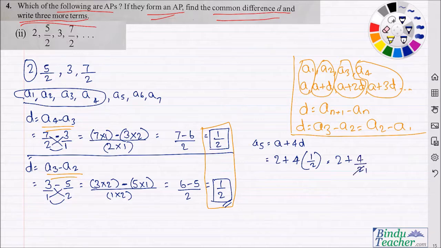We can simplify this: 2 ones are 2, and 2 into 2 is 4. So we get 2 plus 2, which is equivalent to 4. So the value of A5 is 4. We can write down the result here: A5 is 4. We still have to find two more terms, A6 and A7.